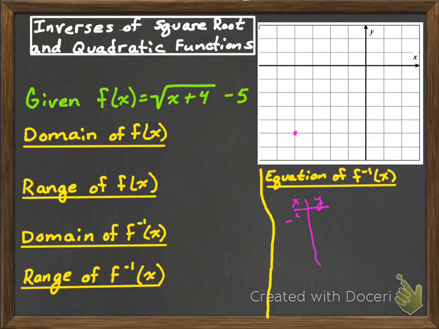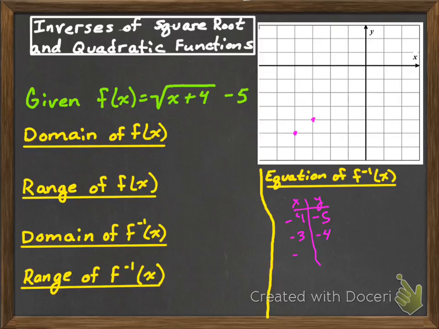We know -4 will produce -5. If I plug in -3, because I know my square root graph is going to go to the right, -3 plus 4 is 1. Square root of that is 1. Minus 5 is -4. So -3, -4 will be on our graph.